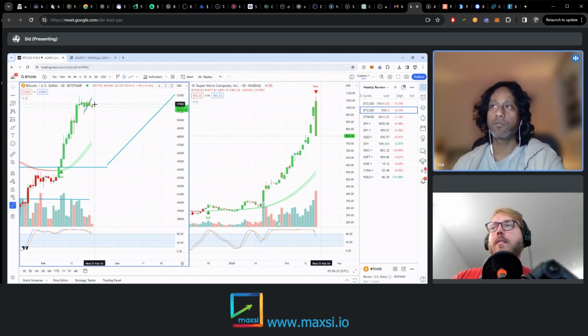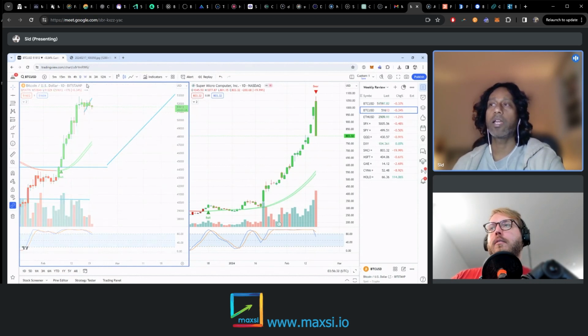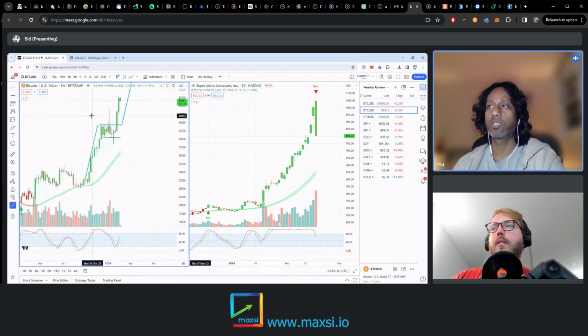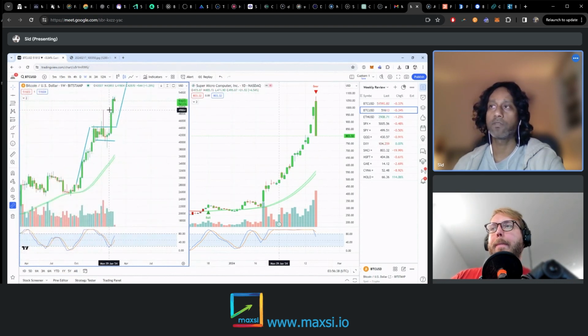So even if we have a pullback, I expect it to bounce around here, around 47.5. But I don't know if it's going to drop that low, because looking at the weekly, $49,000 is kind of support. You see this wick right here.